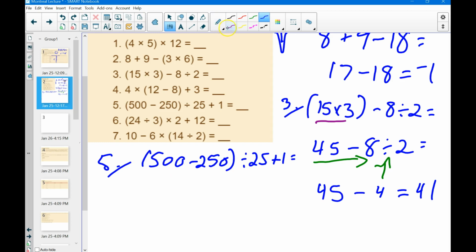So once again, do what's inside the brackets first. So this one comes first. 500 minus 250 is going to give us 250, divided by 25.